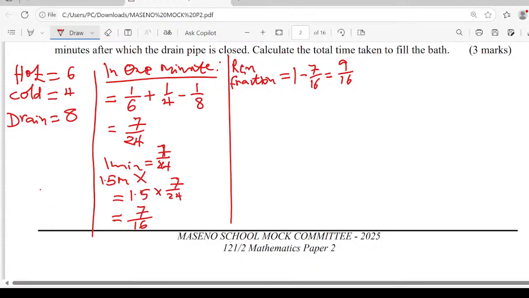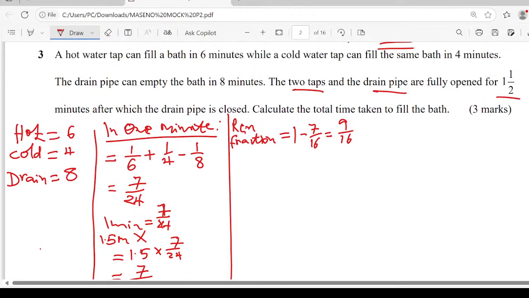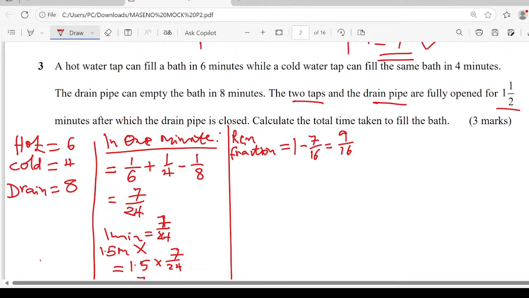Now, you realize, dear learners, they are saying that after that, the drain pipe is closed. So when you now close the drain pipe, you will only have two taps running, that is the hot and the cold tap. I want to see what fraction is being filled by the hot and the cold taps in 1 minute.